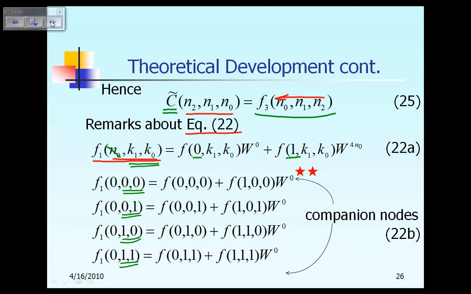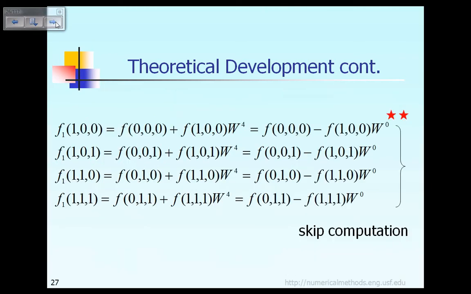According to equation 22b, you will see the computation of this term, which is F1 of 0, 0, 0, that we show you here by the double star. If you compare to the next computation of the term, let's say F1 of 1, 0, 0, that we also show here with the double star, if you notice it, they both are very similar.